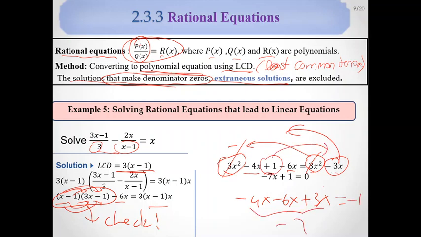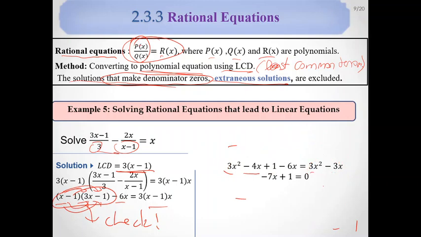This is minus 7x is equal to minus 1. Anyway, we have this one. When you solve this one, negative 7x equal to minus 1, divide by minus 7 on both sides.